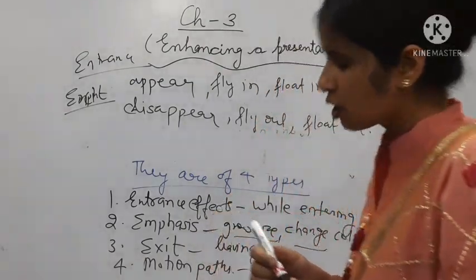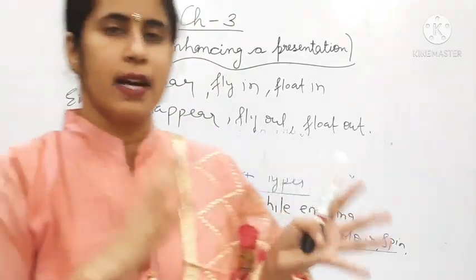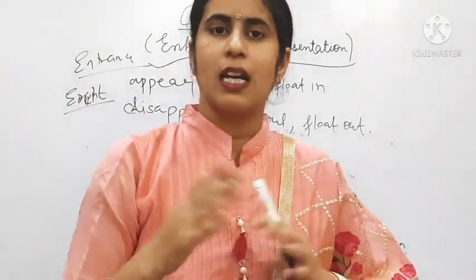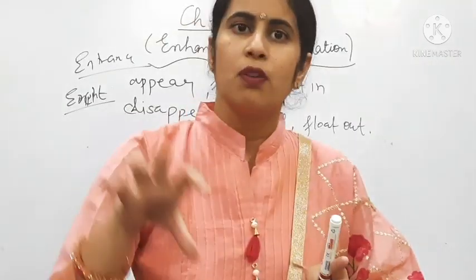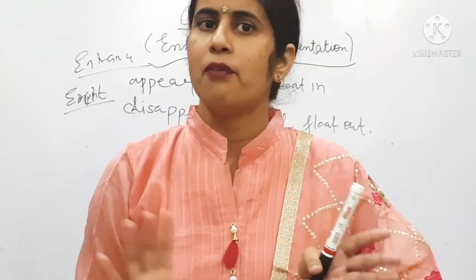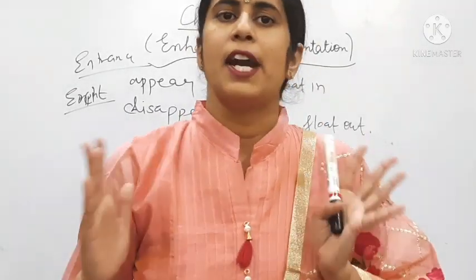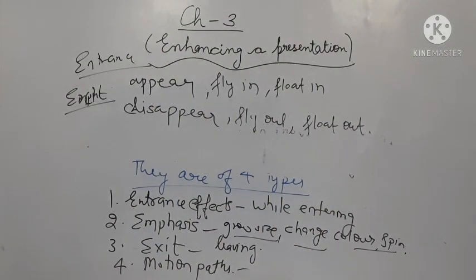Okay. The last is motion paths. What is a motion path? Actually, we try to change the direction of the objects, like up, down, left and right. We try to move the objects in a star form, we try to move the objects in a circular form. So these kinds of effects are known as motion paths.